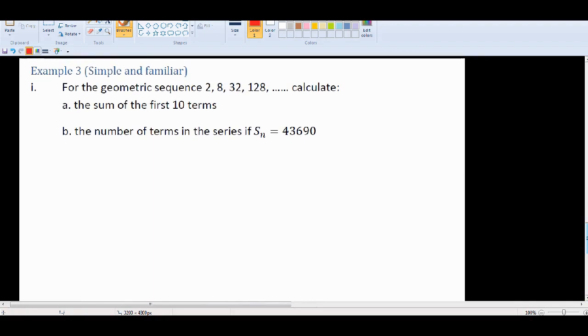Okay, let's look through another one. This one is also simple and familiar. For a geometric sequence like this, calculate the sum of the first 10 terms. So this part would be easy. Again, we are going to use this formula. T1 equals 2.